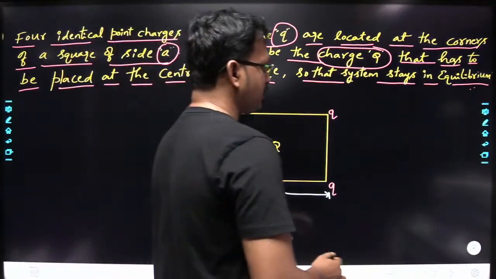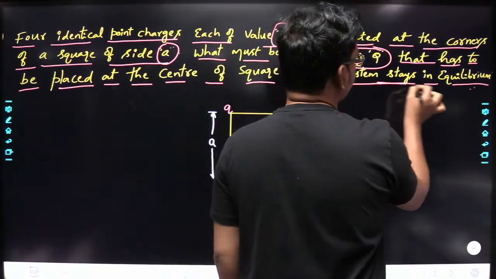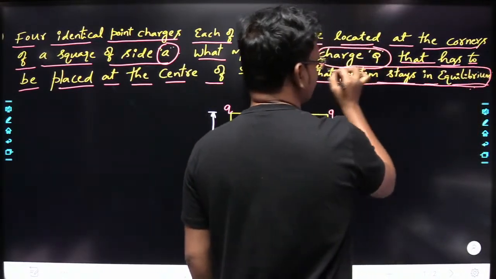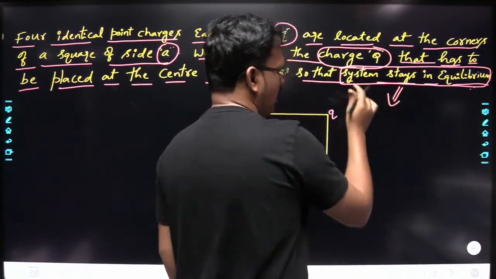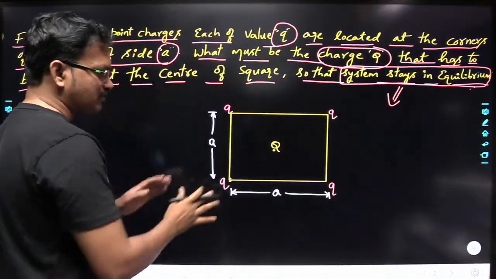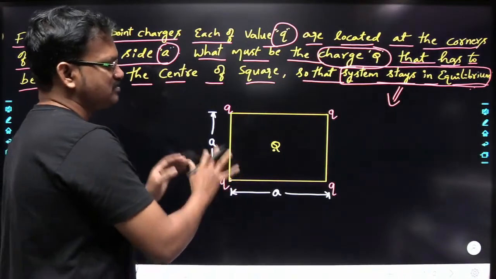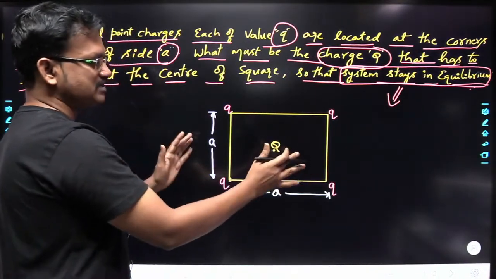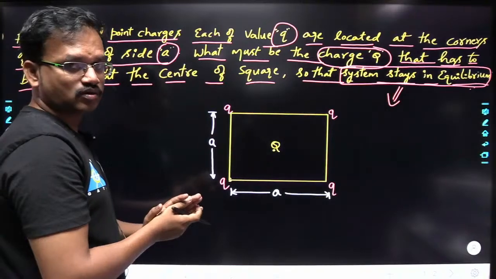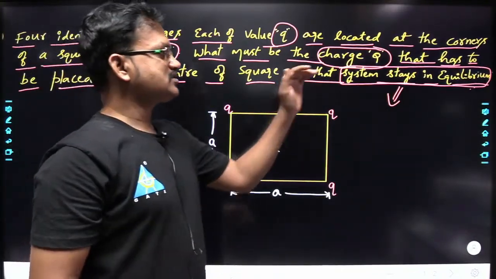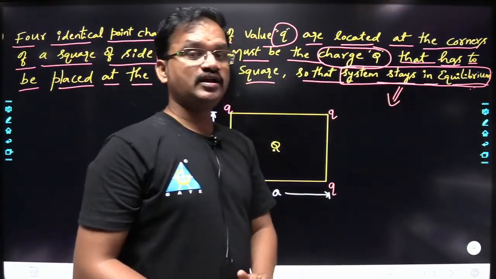So what do you mean by the statement, system stays in equilibrium? What do you mean by system? Whatever the setup they have given here, we can consider it as the system. Yes or no? Okay. And they are saying that this system must stay in equilibrium.